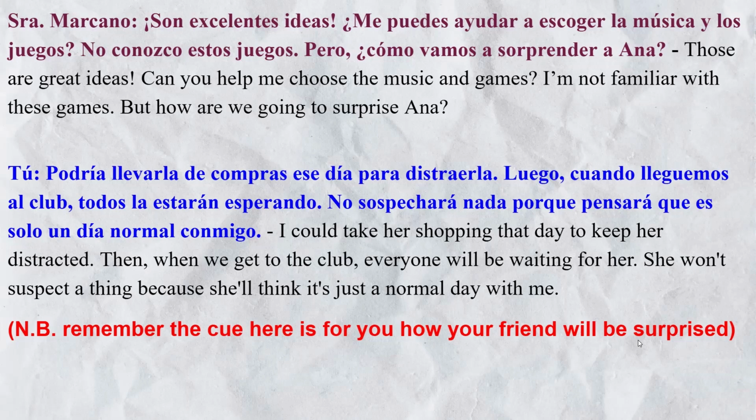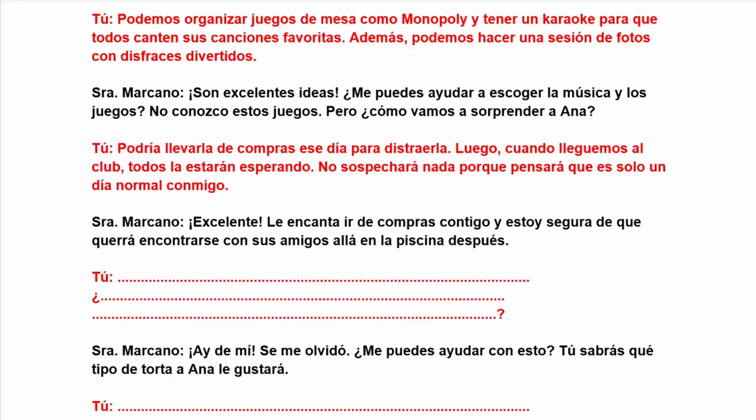Now we're going to look to see if that response fits within the context of the dialogue. Okay, so first we look above here where it says, those are excellent ideas. Can you help me choose the music and the games? I'm not familiar with those games, but how are we going to surprise Anna? All right.